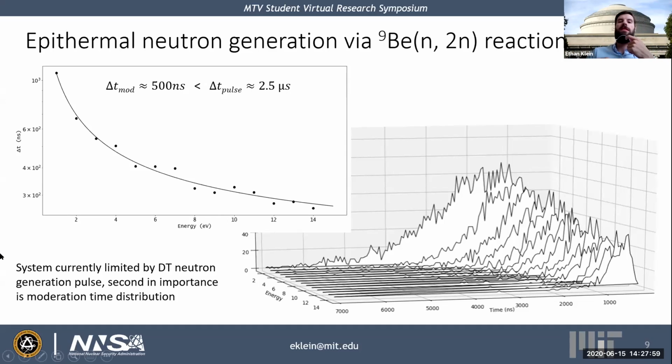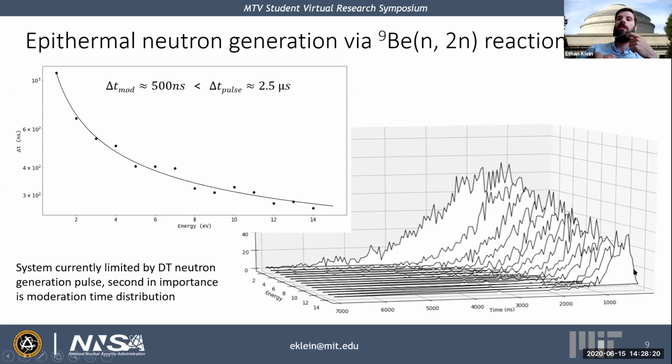Our system is still currently limited by the DT neutron generation pulse, which for our system is 10 microseconds. Many can be within 3 to 5 microseconds, which is much improved. And as you can see here for our moderator assembly, the uncertainty in moderation time is generally sub-microsecond in terms of full width at half maximum.